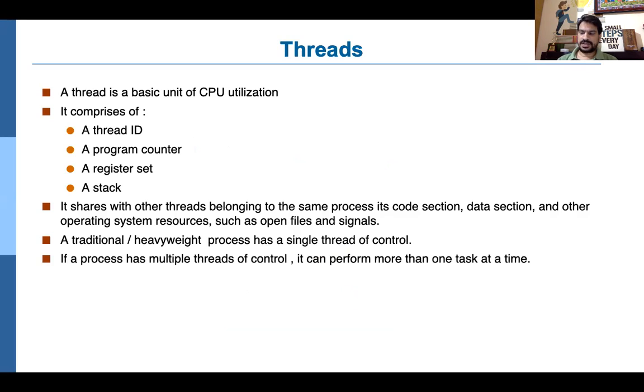Now you can see that, in that particular way, we can say that the thread is a basic unit of CPU utilization. So actually, when a thread is going to execute, it executes on the CPU. So what is a process? Process is a program under execution.